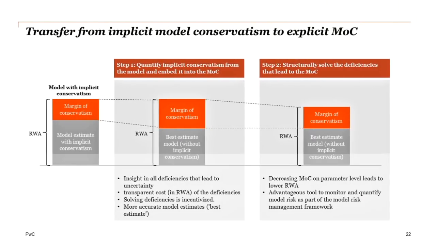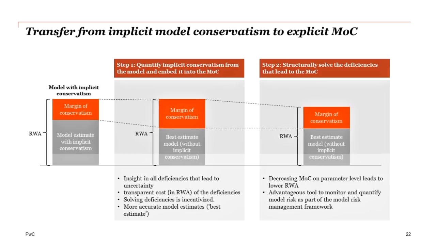As you see on the slide, the implicit conservatism already included in models for underlying assumptions can often result in excessive conservatism. By removing implicit MOC from the model development process and calculating it explicitly, that means outside of the main model as an add-on, banks can potentially lower the overall level of risk parameters.